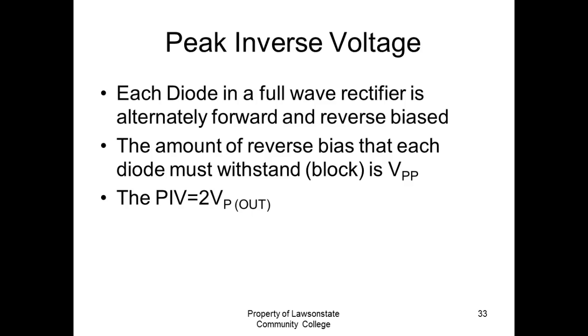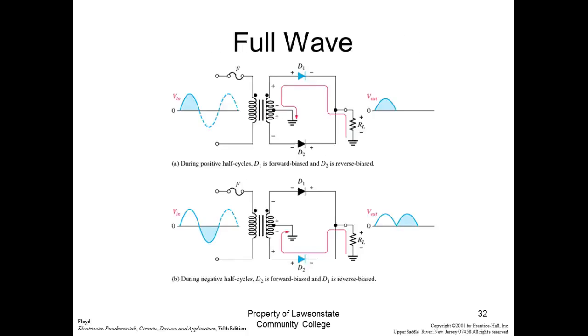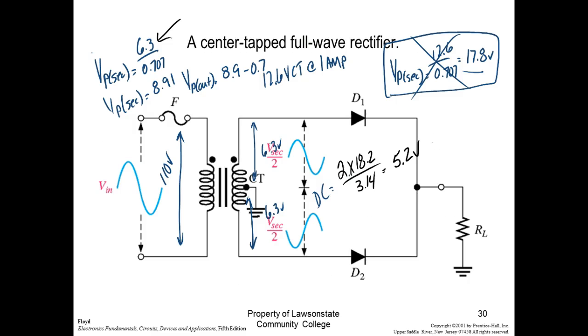And now you have to worry about the peak inverse voltage. What you have to understand is that one diode is going to be seeing the DC, right? When the diode is reverse biased, this side is going to be a plus 5 volts, and this guy right here is going to be a minus VP.